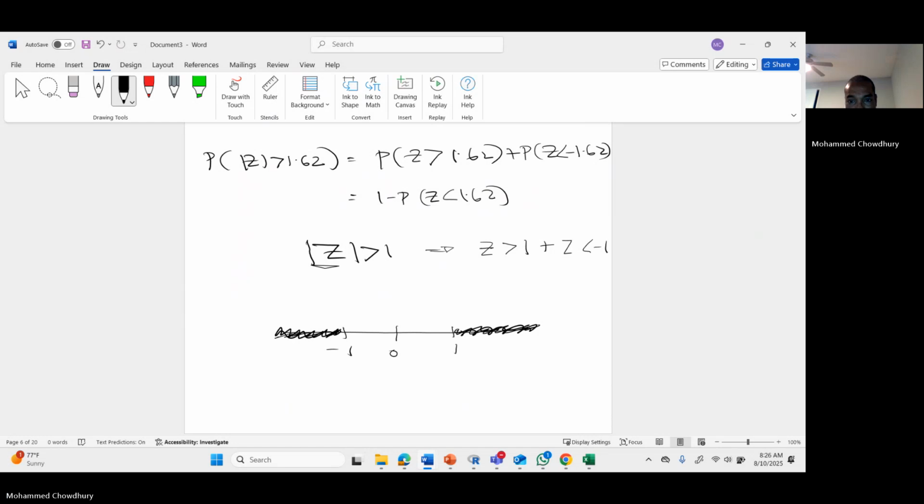You can find this using Excel or R. Remember, in order to compute greater than or between, you will always have to go to less than, otherwise you cannot compute. The probability values are given in the less than format, from that point all the way to the left.